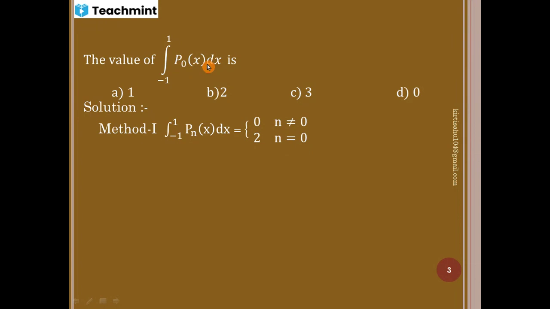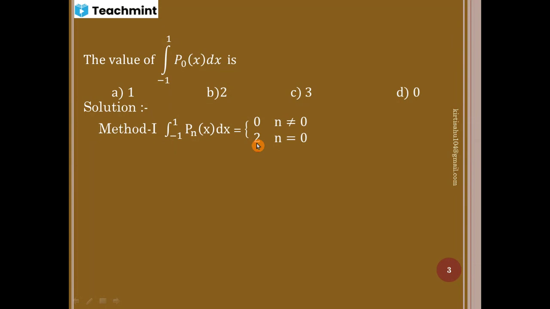The first option, method 1, uses one simple standard result: the integration of Pn of x from -1 to 1 is 0 when n is not equal to 0, means when n takes all values other than 0. And when n is equal to 0, the value comes out to be 2, right?